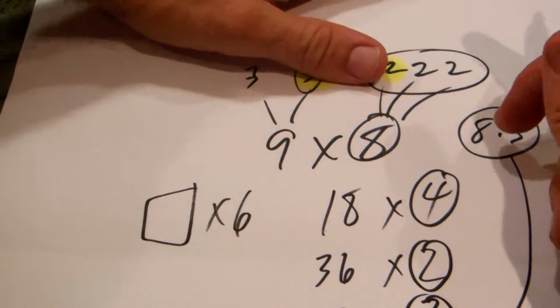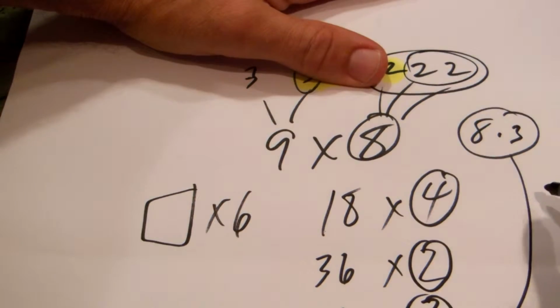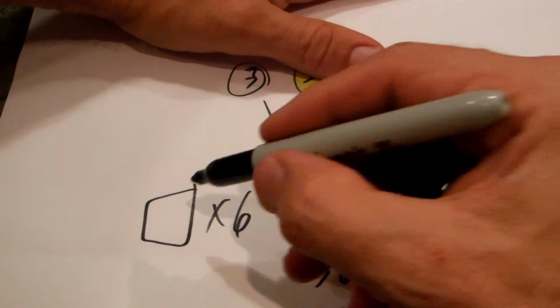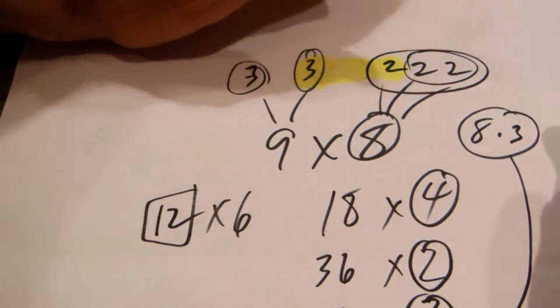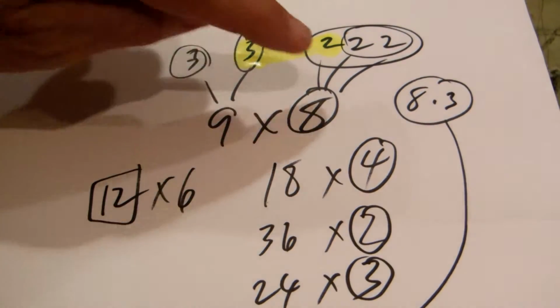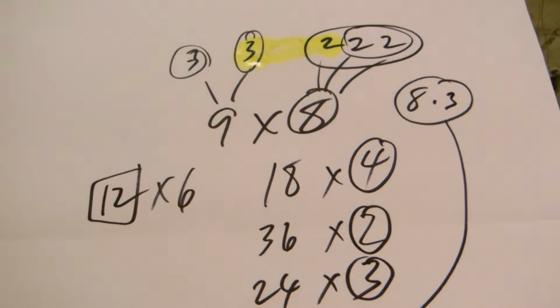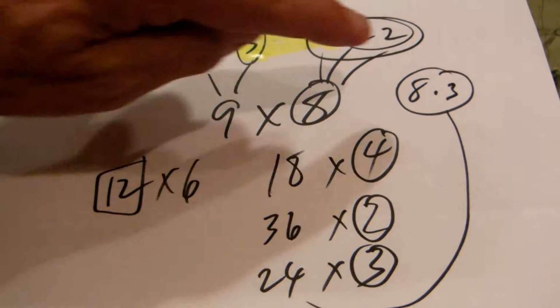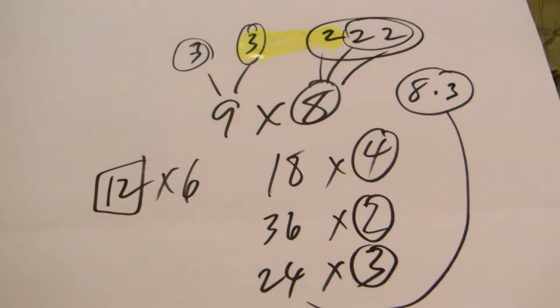Well, there's 4 times 3. 4 times 3? Yep, 12. So in this way, many of us know that 9 times 8 is 72, but we can learn a lot more about the other ways to create 72.